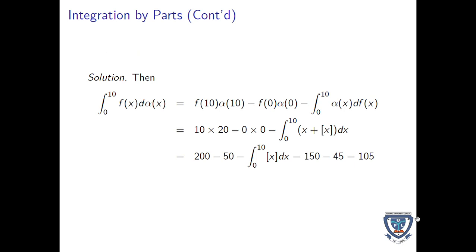The integral from 0 to 10 of f(x) d alpha(x) is equal to, by the time you do all your substitutions properly as given, you're going to have 105. So this one is shorter and easy to implement.